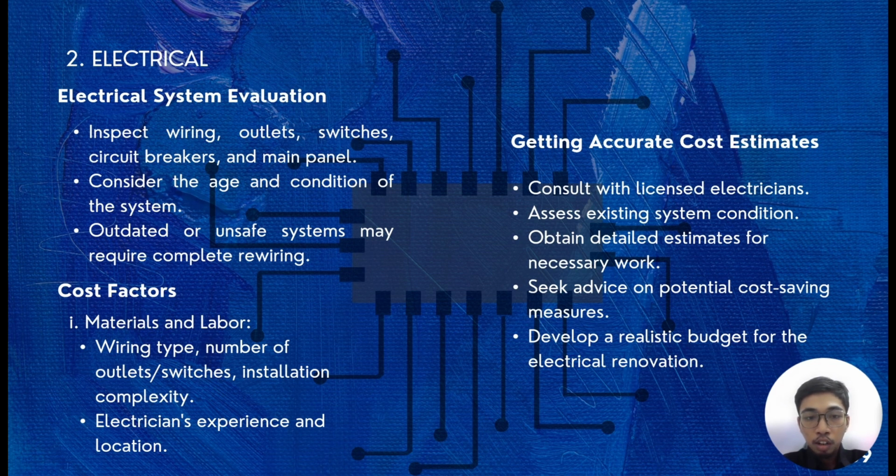Second, cost factors: material and labor, wiring type, number of outlets and switches, installation complexity, electrician's experience and location. And the last one is getting an accurate cost estimate: consult a licensed electrician, assess existing system condition, obtain a detailed estimate for necessary work, seek advice on potential cost-saving measures, and develop a realistic budget for electrical renovation.